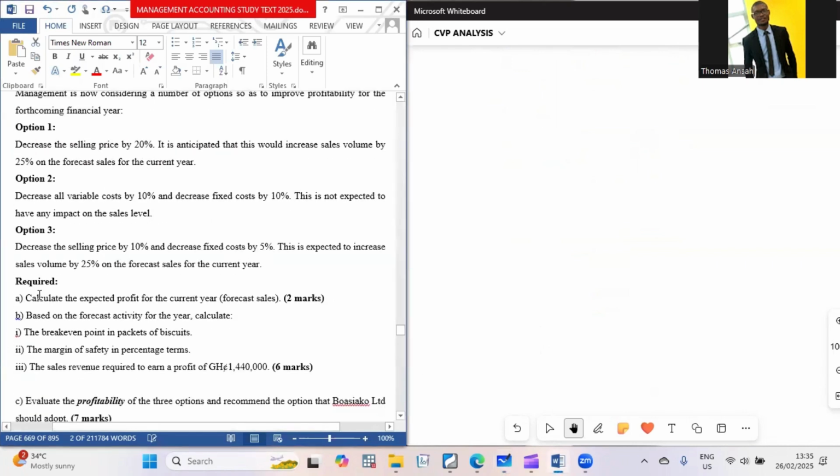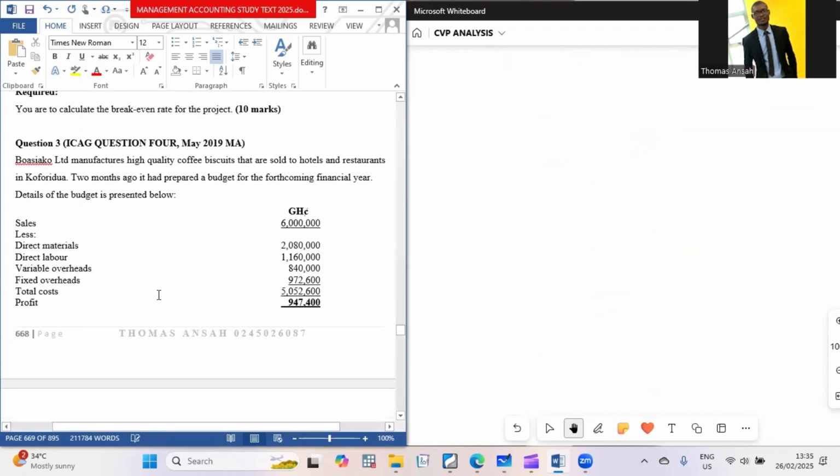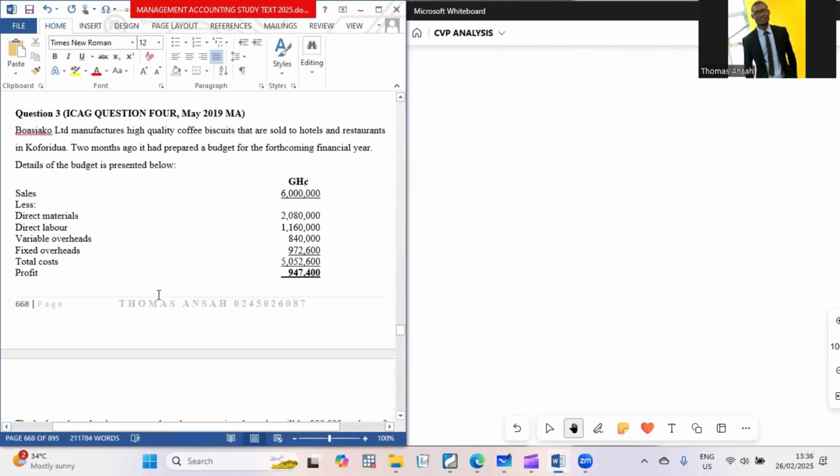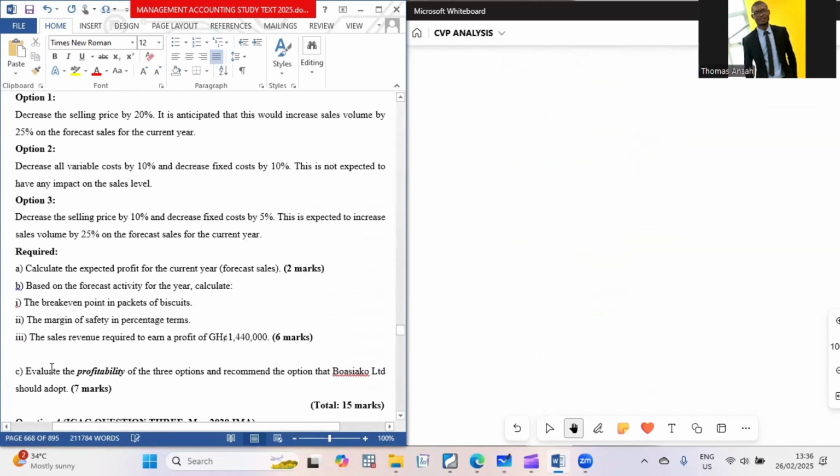So if you check the requirements of the question, it says A, calculate the expected profit for the current year forecast sales. The current year forecast sales, you have this information, right? So it says calculate the expected profit for the current year. You know how to go about this? It's simple. So we are looking at the very A part of this question and what you have been asked.